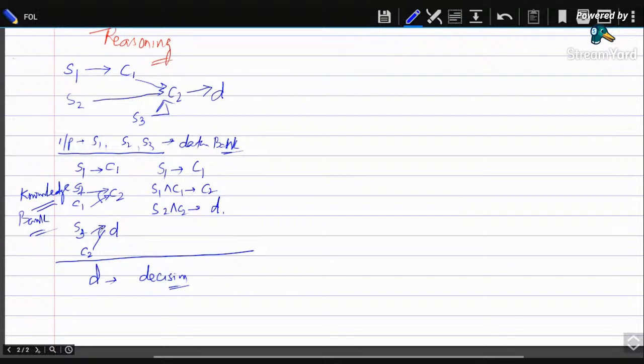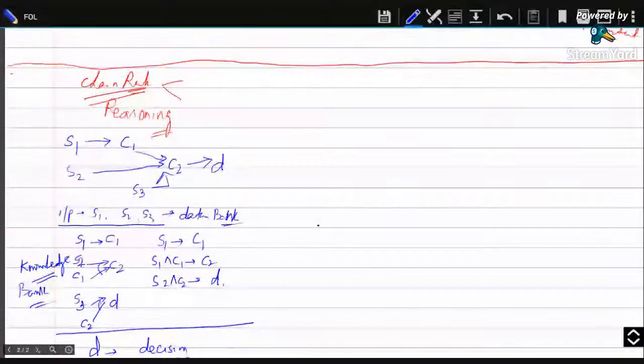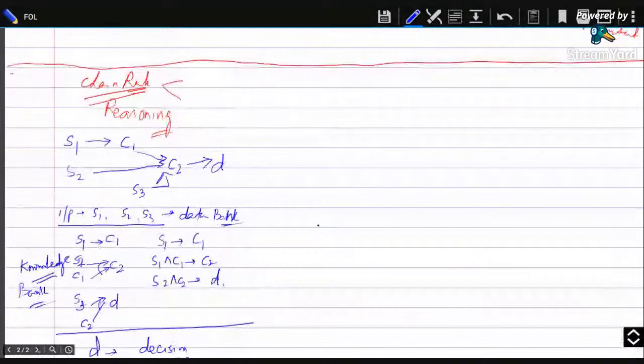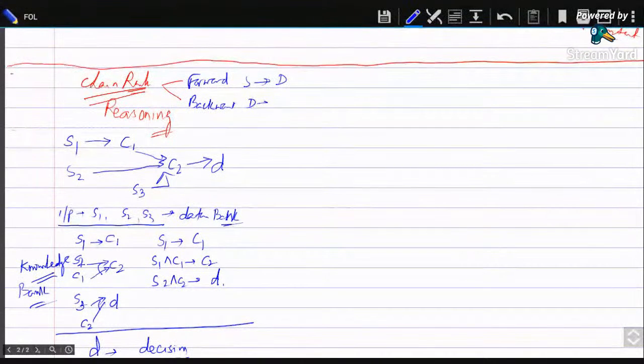And looking at the disease, I can prescribe. That's what he is reasoning. So one way of reasoning is what we call forward reasoning, which is from the source to destination, and the other one is backward reasoning, which is from destination to source.